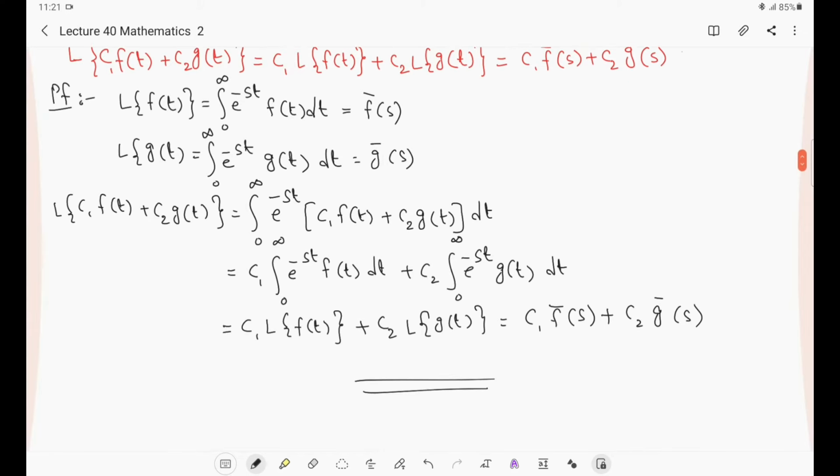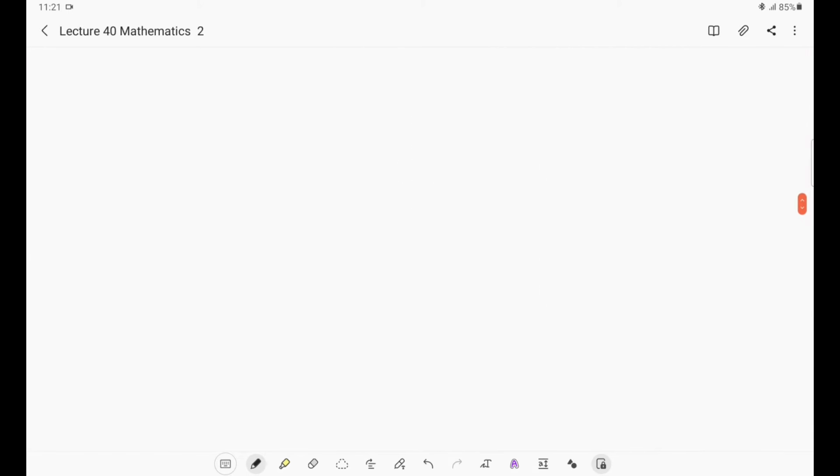So now we are going to see Laplace transform of elementary or standard functions. I am putting the side heading: Laplace transform of some standard functions or elementary functions.